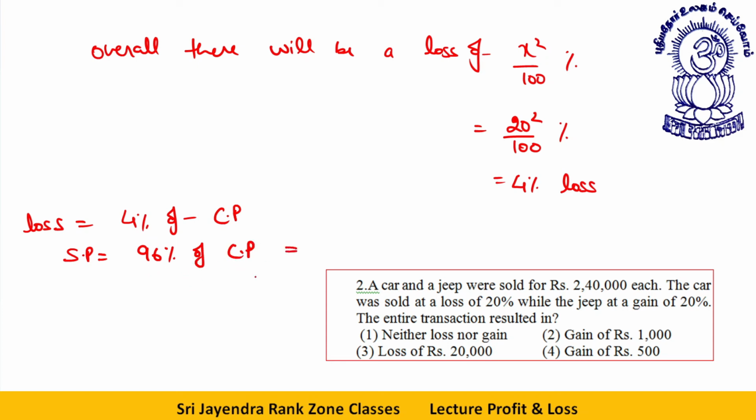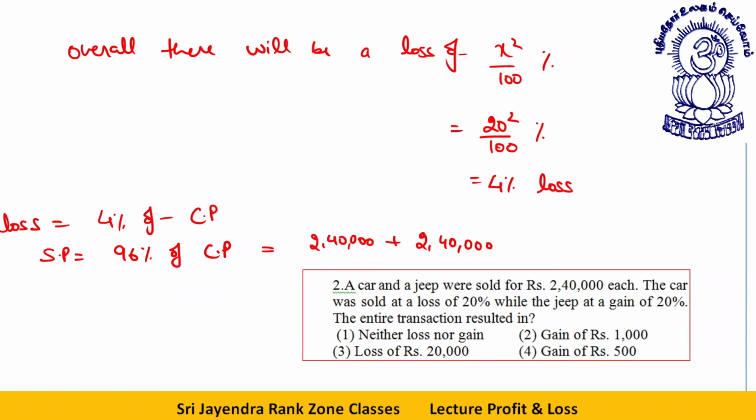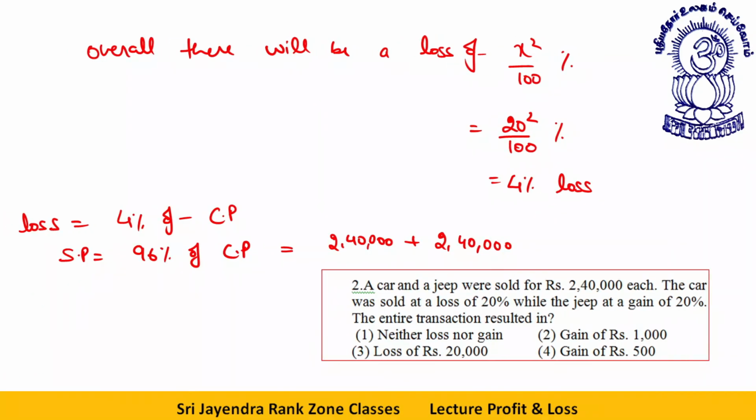This 96% of CP is equal to what? This is 2,40,000 plus 2,40,000. For the entire transaction, you have to determine the loss. So I can say 96, that is 96.